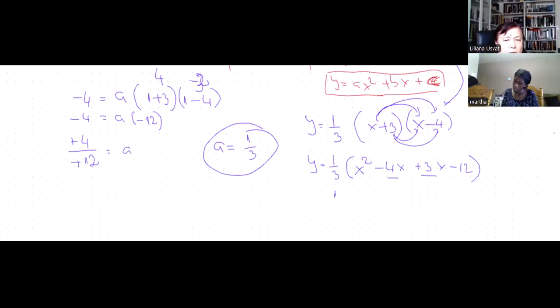So 1/3 times (x squared minus x minus 12).